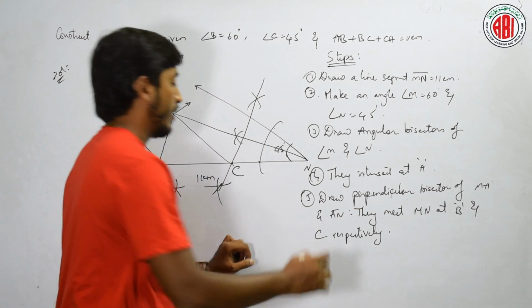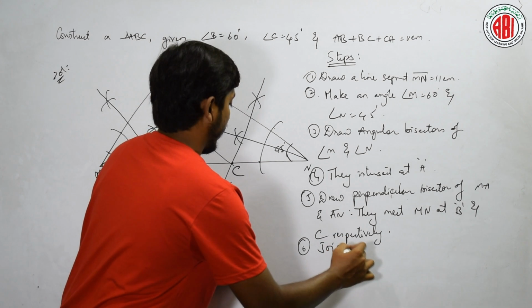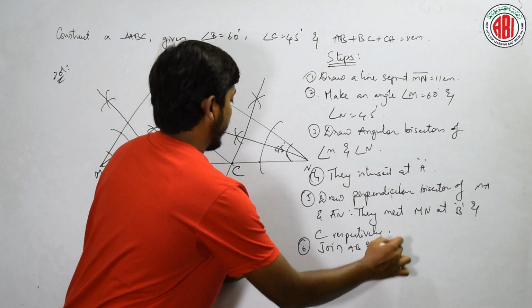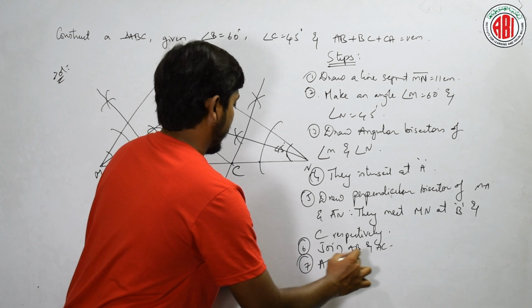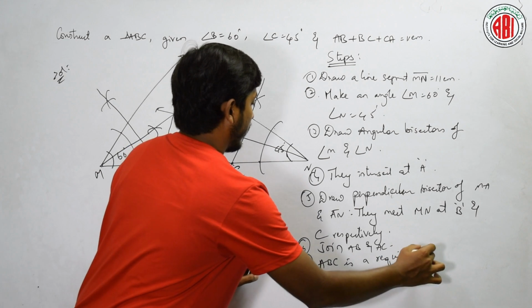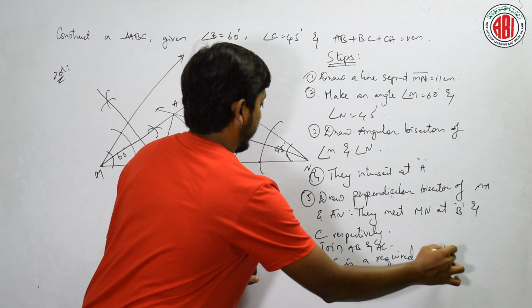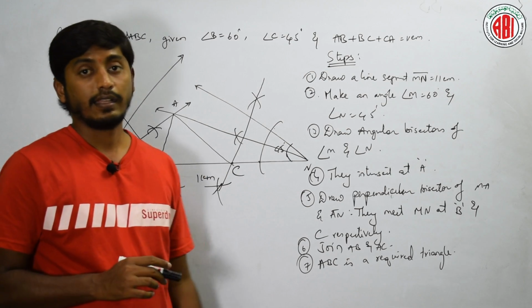Is it clear? Now, just join AB and AC. Therefore, ABC is a required triangle. Clear? Is it easy?